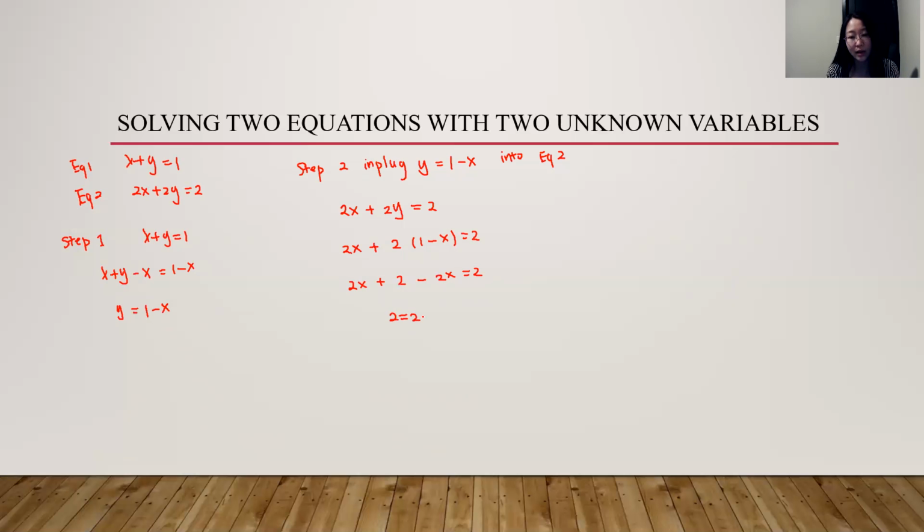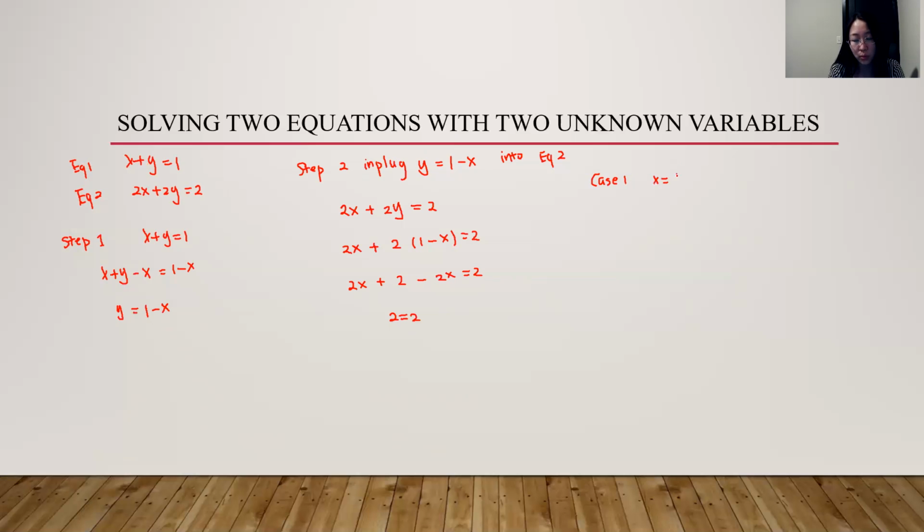So the equal sign always holds. This indicates that for this two equation system, we're gonna have infinite solutions. As long as x and y satisfy the equation y equals 1 minus x, it is a solution for this two equation system.